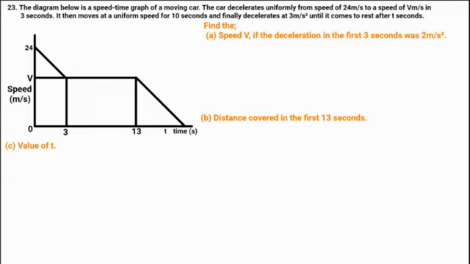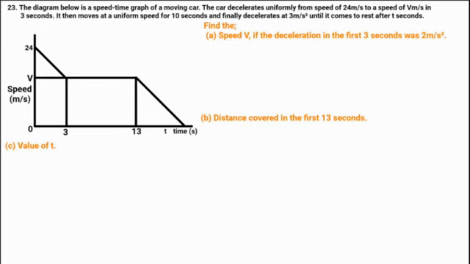The diagram below is a speed time graph of a moving car. The car decelerates uniformly from a speed of 24 meters per second to a speed of v meters per second in 3 seconds. It then moves at a uniform speed for 10 seconds and finally decelerates at 3 meters per second squared until it comes to rest after t seconds.